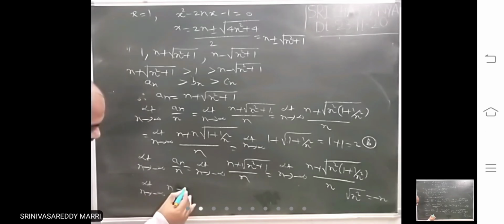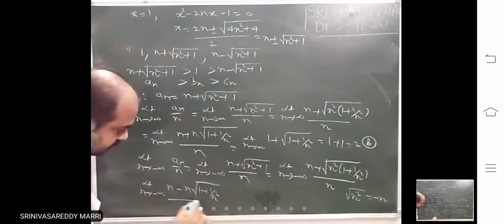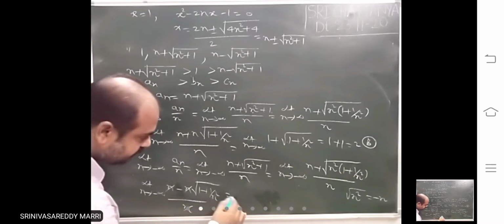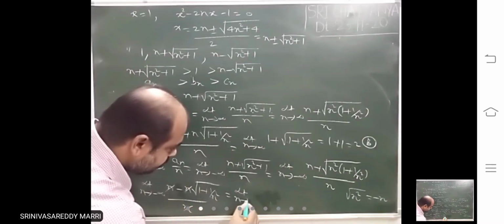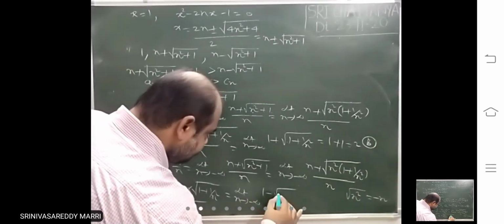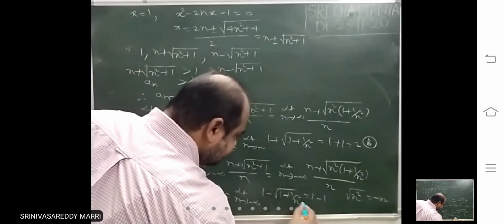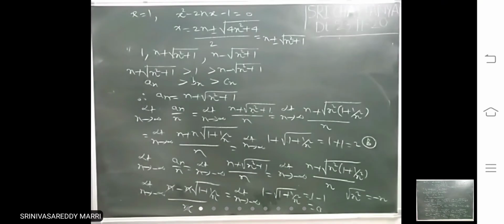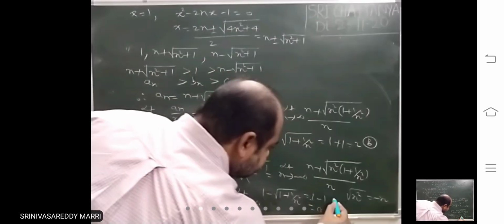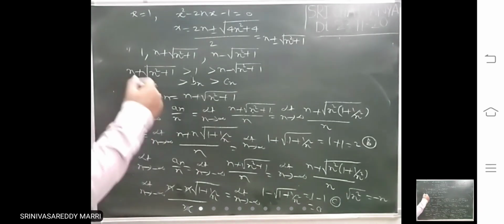This is minus n times root of 1 plus 1 by n square; strike off n. Now if n tends to infinity, 1 minus this is 0. So this is the C option. First calculate an, what is that an, and after that you have to evaluate the limit.